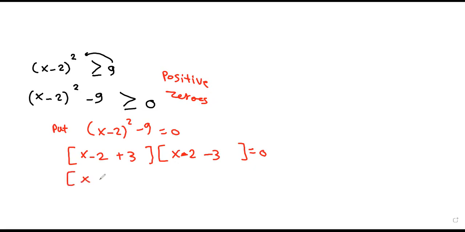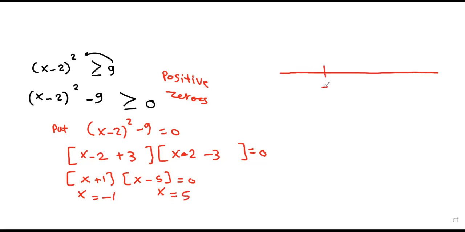Then you will have x plus 1 and x minus 5 equaling 0. And x equals minus 1 and x equals 5. So minus 1 and 5 are the values of x that make the expression equaling 0.